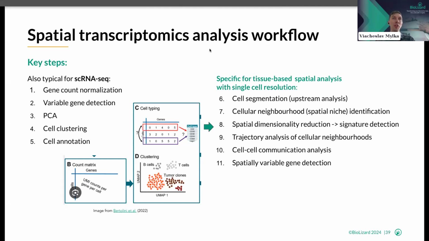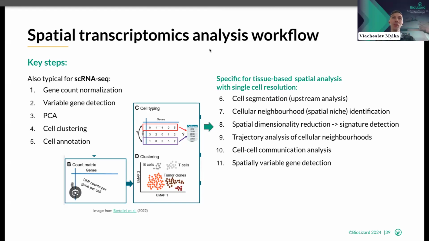However, there are, of course, unique steps which can be performed only when the spatial location of cells is available. Actually, cell segmentation is an upstream stage in the analysis. This is very crucial. It's performed before gene-cell count generation.